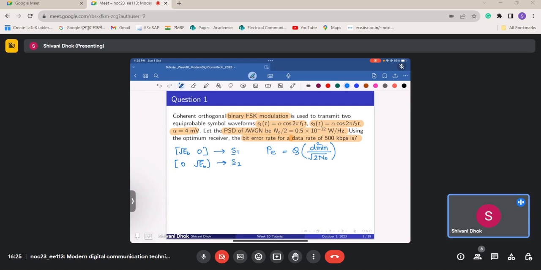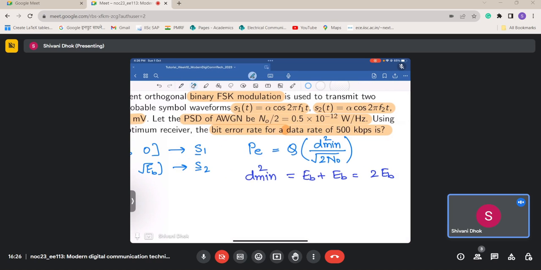Now what is the minimum Euclidean distance between these 2 points? So this d min square is basically EB plus EB, that is equal to 2EB. Sorry, this is not square.